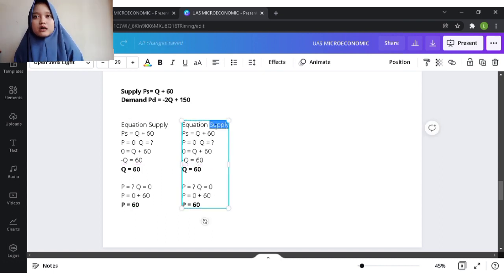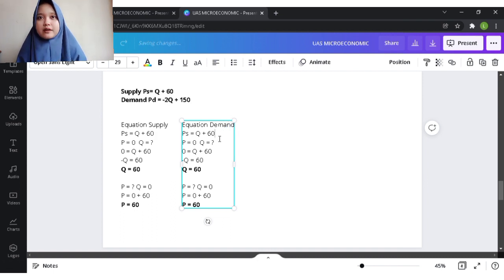So the next section is we do the demand equation. PD is equal to minus 2K plus 150, and we do P equal to 0. How much K do we get?